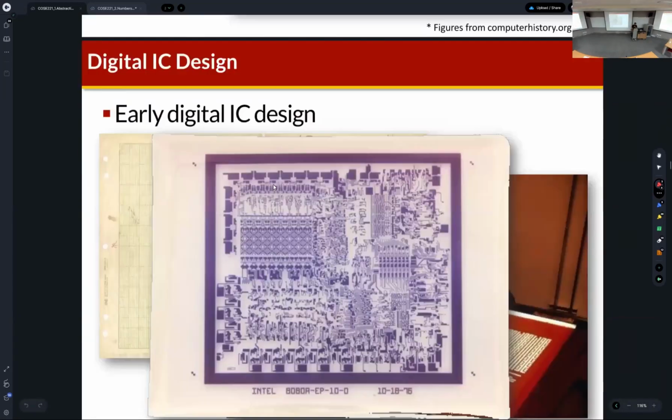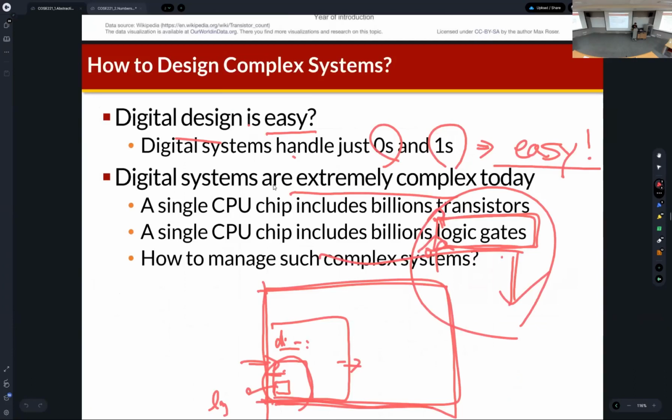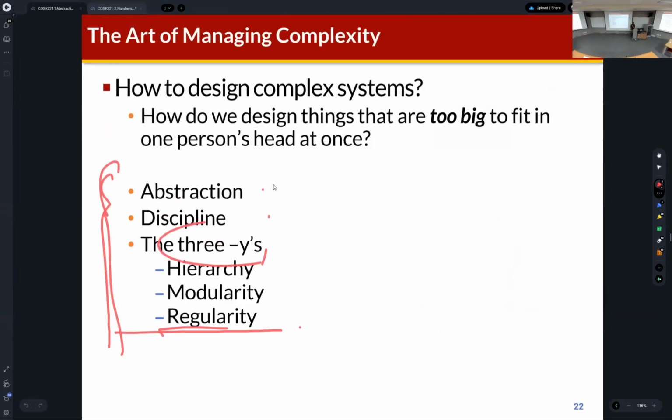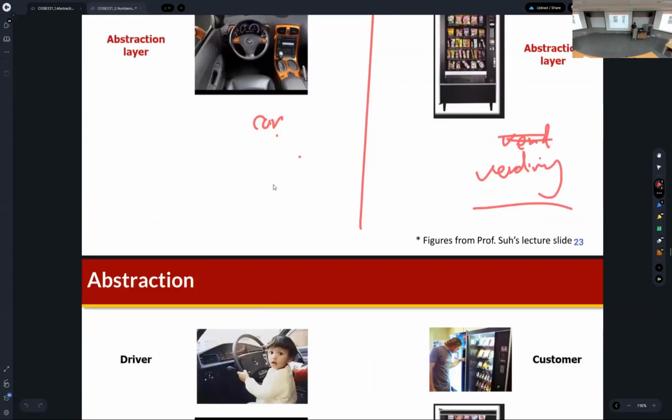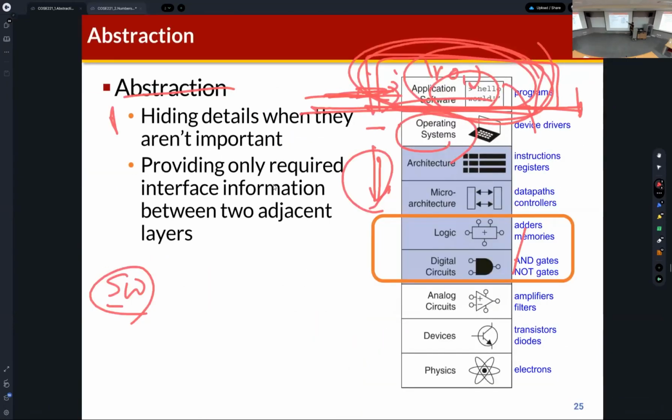In the previous class, I explained these concepts in system design: abstraction, discipline, and the 3 Y's of design. I hope you can remember these concepts. I mentioned that abstraction is a very important concept in computer systems.